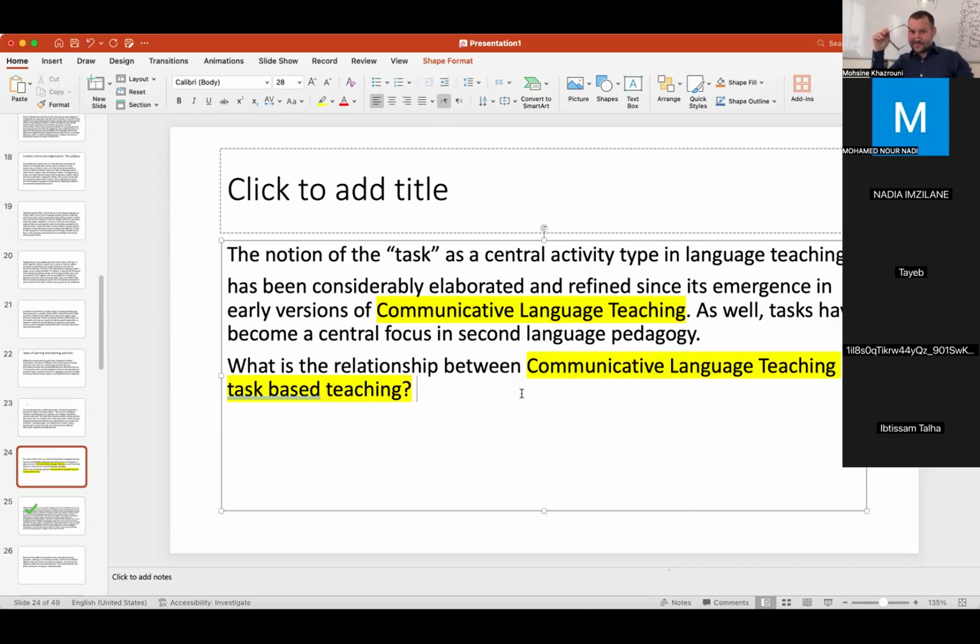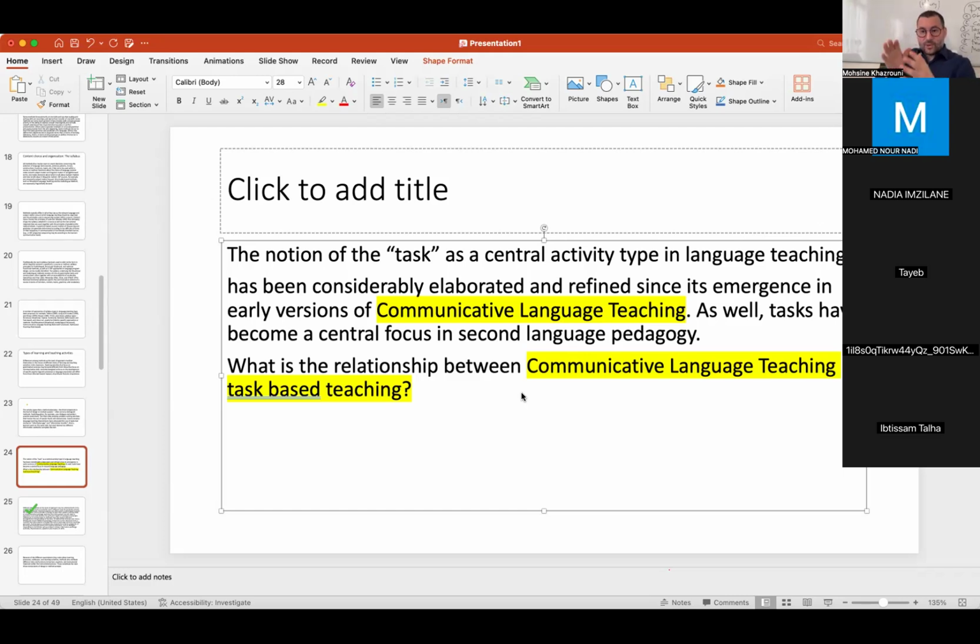Communicative language teaching helps learners speak and understand real-life situations through activities like role play and conversation, while task-based language teaching takes this further by giving learners tasks to complete, like writing a message or solving a problem, so they use language naturally.